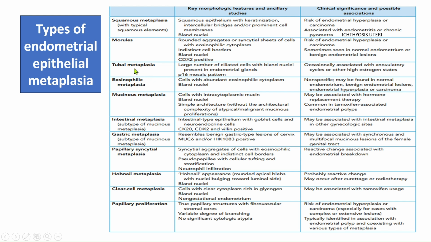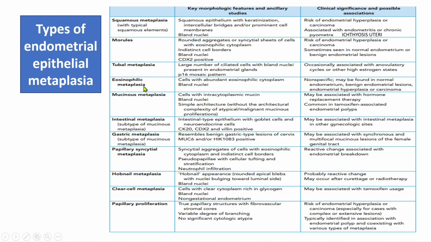Tubal metaplasia, a larger number of ciliated cells with bland nuclei present in endometrial glands, looking like a fallopian tube-like epithelium. Here it is p16 positive showing a mosaic pattern in IHC. It is occasionally associated with anovulatory cycles or other high estrogen states.